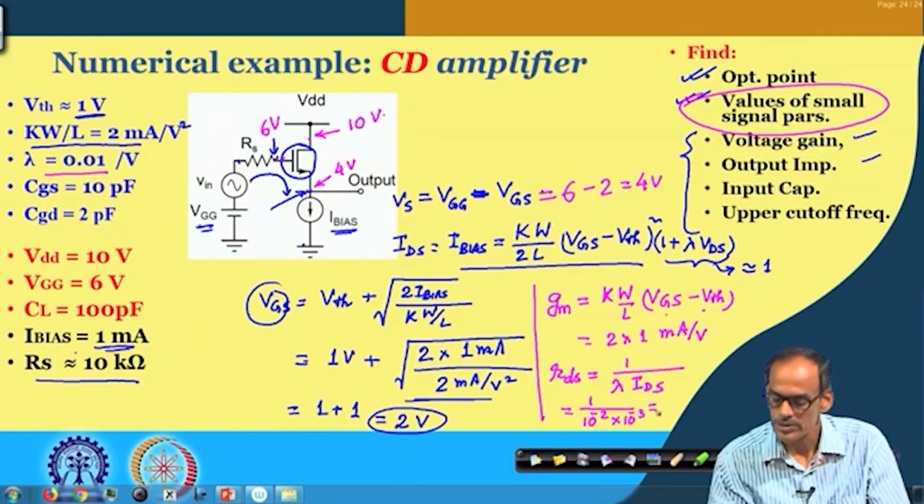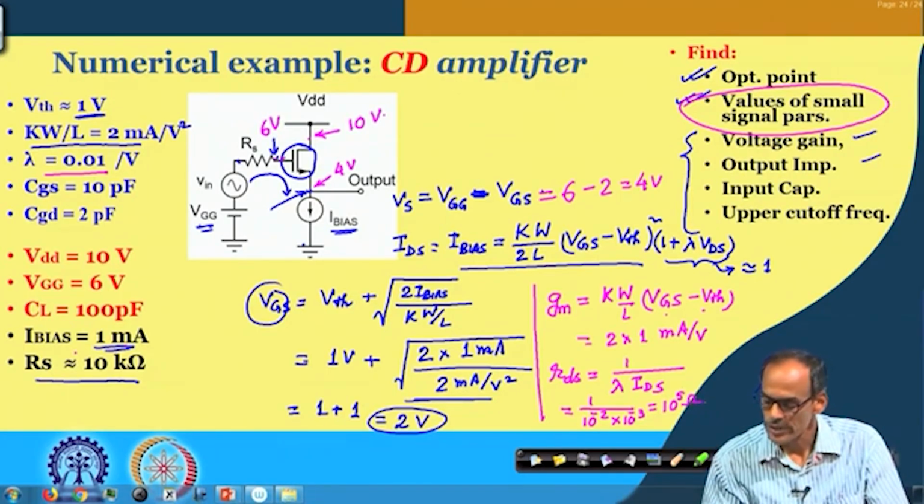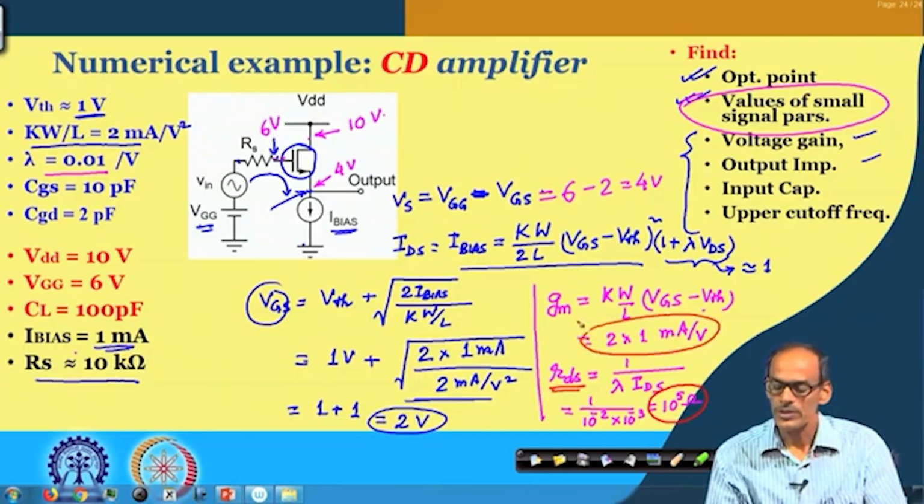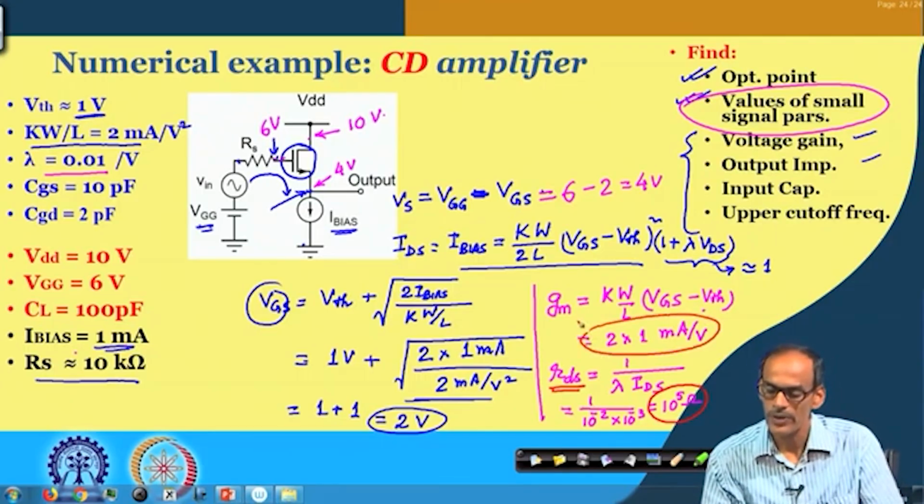So that gives us 10 power 5 ohms. That is the impedance we are getting for this RDS, and this is the GM part. Using that we can find the voltage gain.